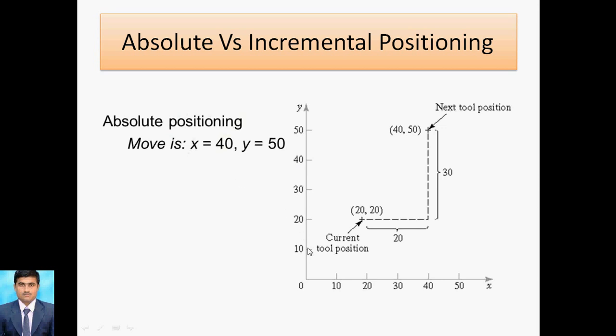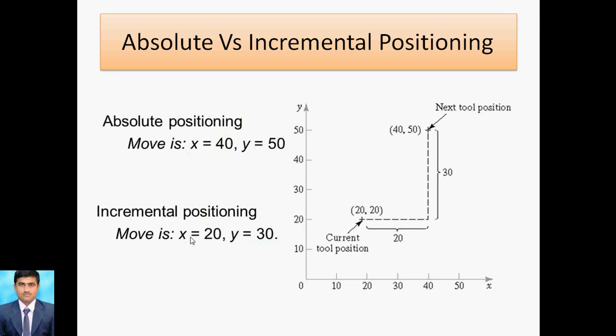We are considering from the reference point, that is from the origin. Is it clear? This is absolute programming: X40 Y50. And for incremental positioning, we only have to define X20 and Y30.